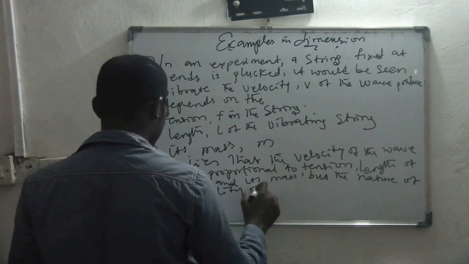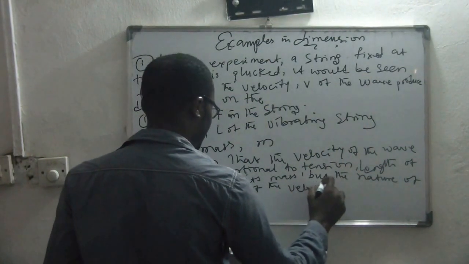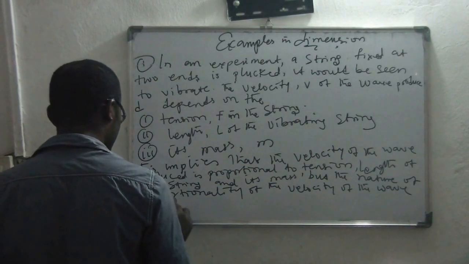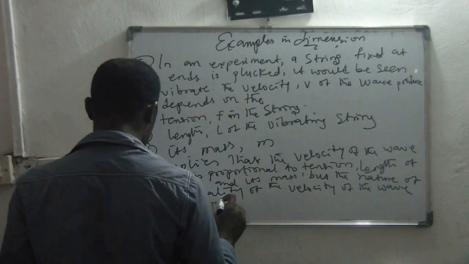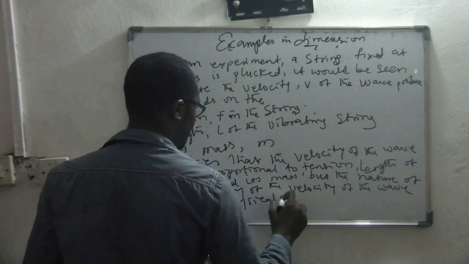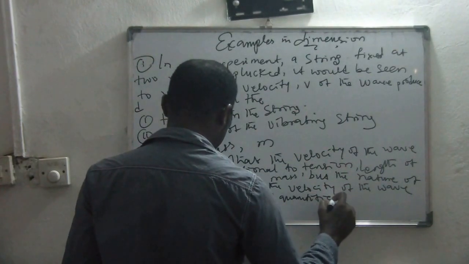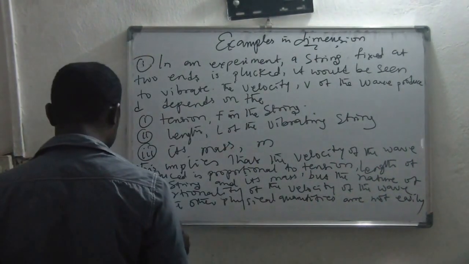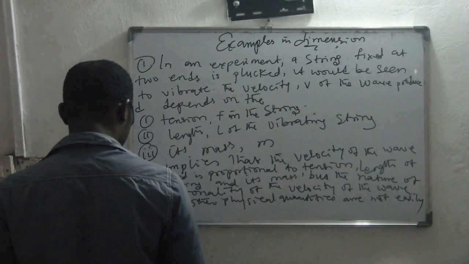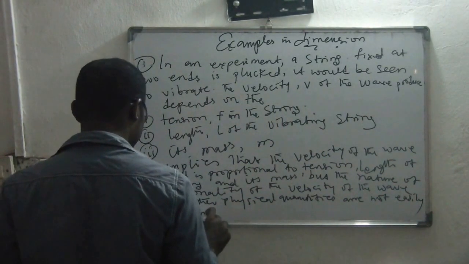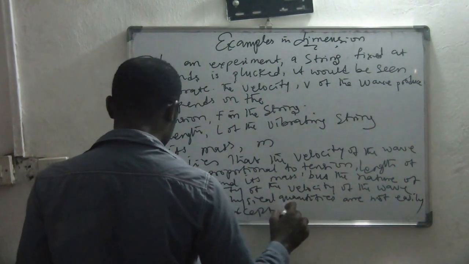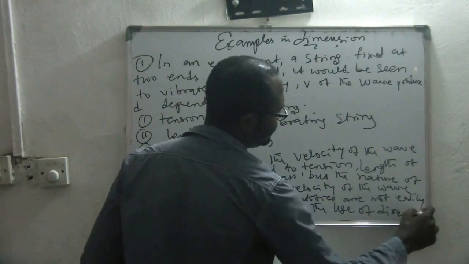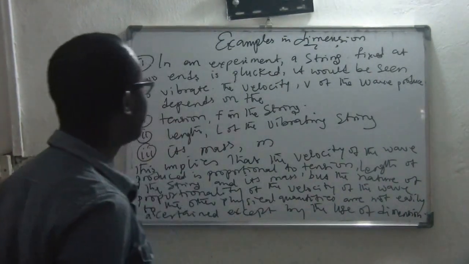But the nature of the proportionality of the velocity of the wave to the other physical quantities is not easily ascertained except by the use of dimension. So we are going to use dimension to solve this.